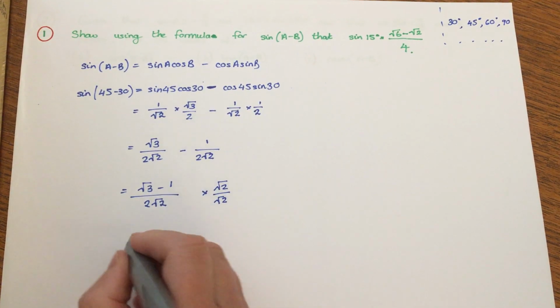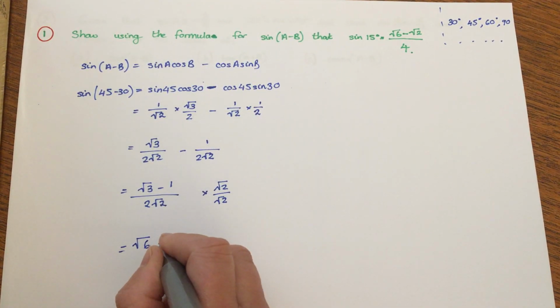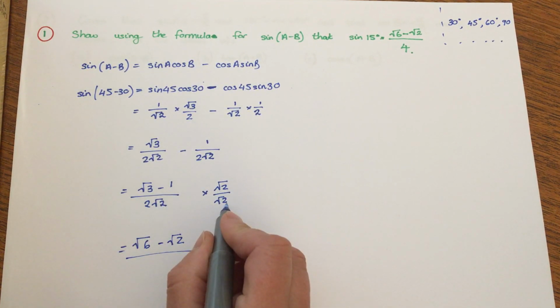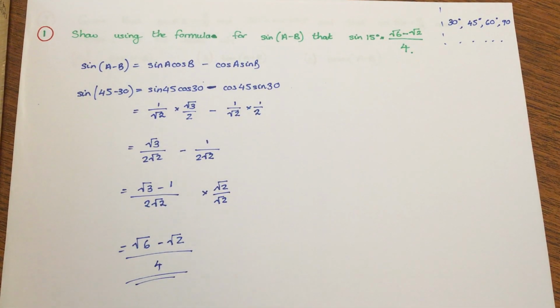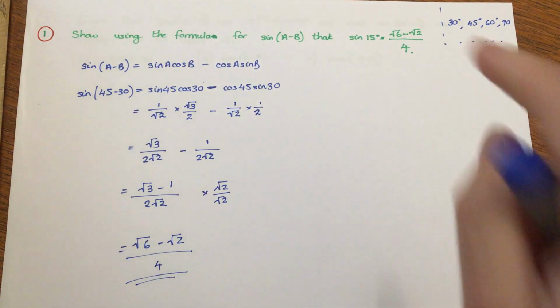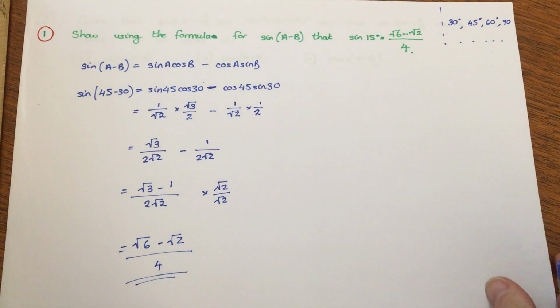So root 3 times root 2 is root 6, 1 times root 2 is root 2, root 2 times root 2 is 2, and 2 times 2 is 4. Which is exactly what I want. So use your exact values to work out this and rationalise the denominator if you need to at the end.